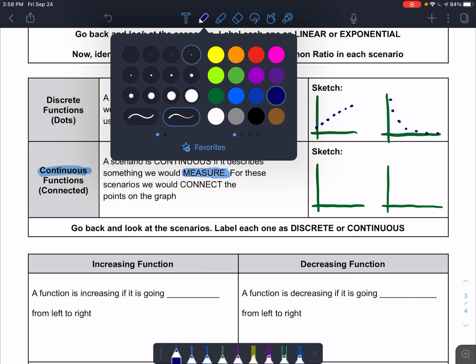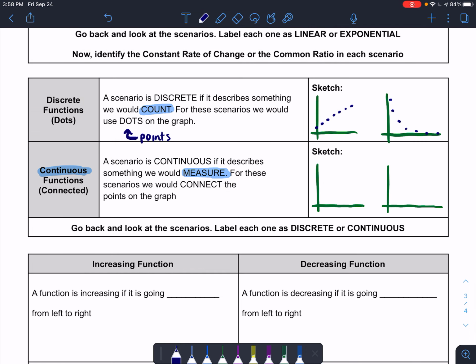So maybe I would start, maybe the first one I have some points. Maybe I do start by making some points, but then here I would say, well, if the idea is measurable, I would connect the points. Or maybe again, I have something that's exponential like this to start, but because it's something that I can measure, I would once again connect my points.